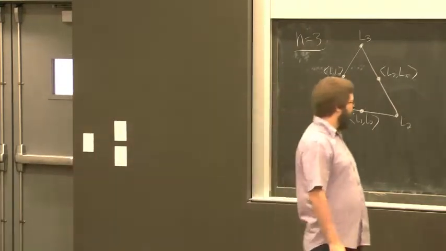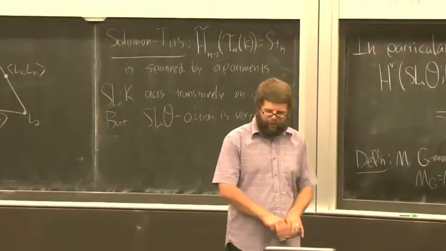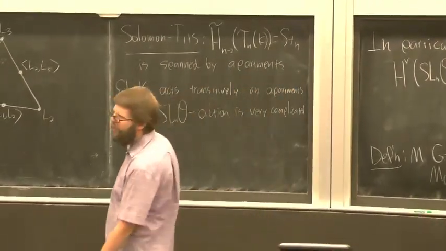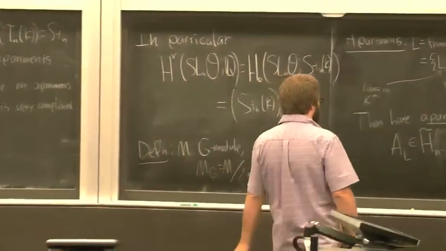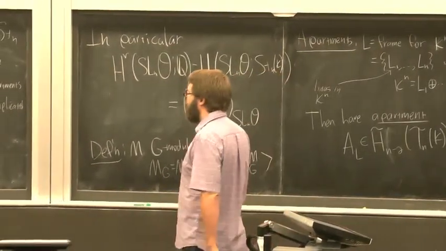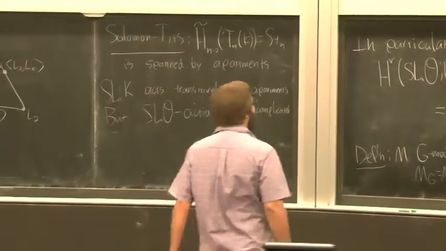And for other rings of integers, things are even worse. So at this point you think, well, what can I do? And so what we do is we specialize. We don't just look at any apartments right here. We specialize to apartments where we can understand the SL_n(O) action. So here's a definition.